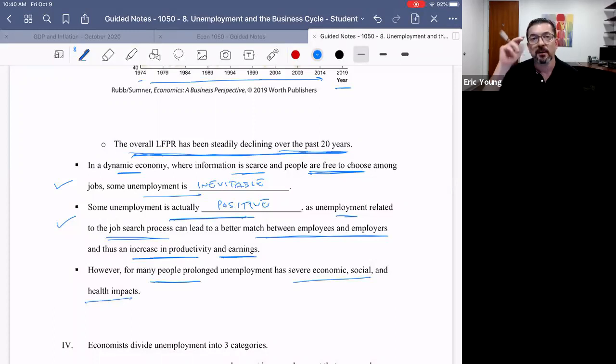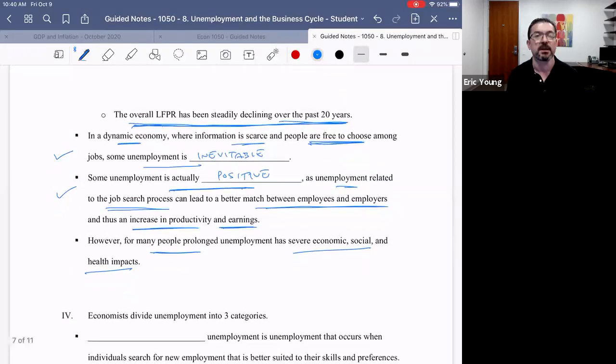And it's really important for you guys, as you study this and read through it and go through the book, as you get the economics of unemployment, that you always bear in mind that behind those numbers are people. And that those people, especially if they have prolonged involuntary unemployment, can really be hurting and suffering. Okay? And that's why macroeconomists and policymakers put so much time into thinking about this.